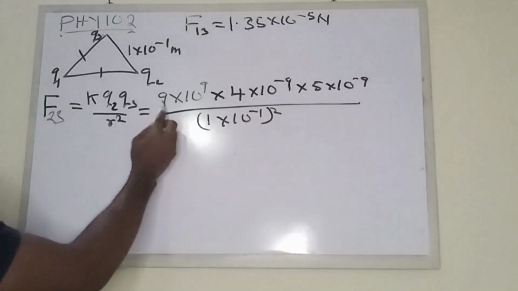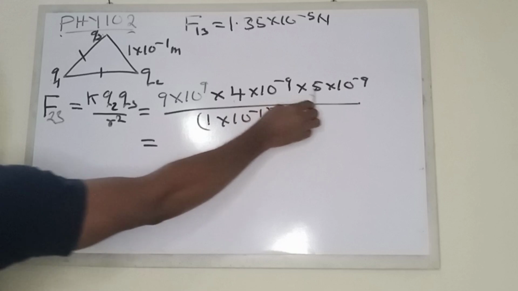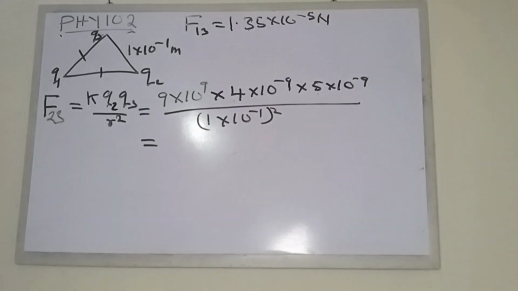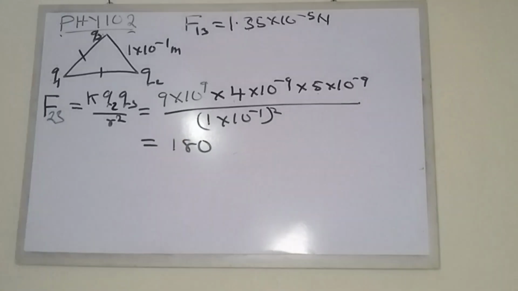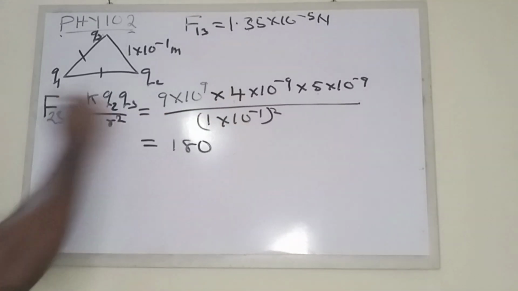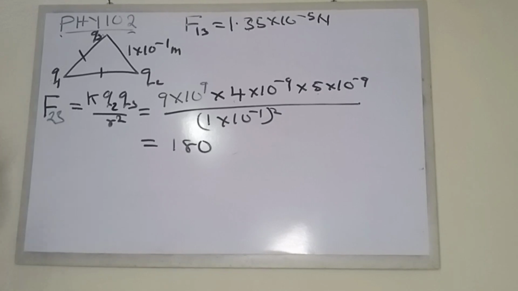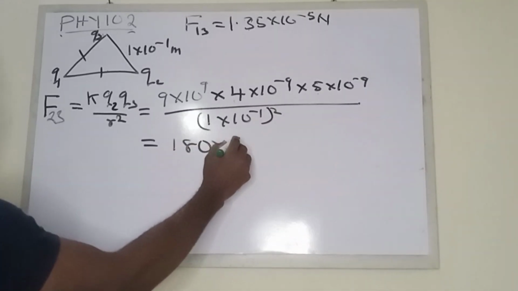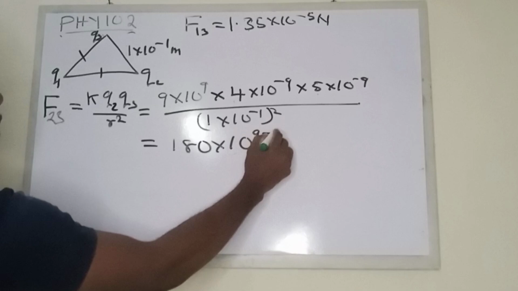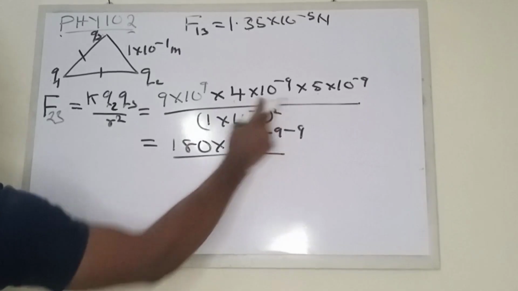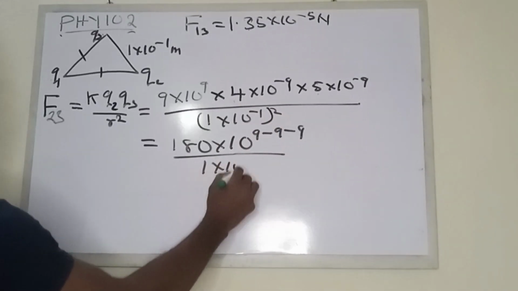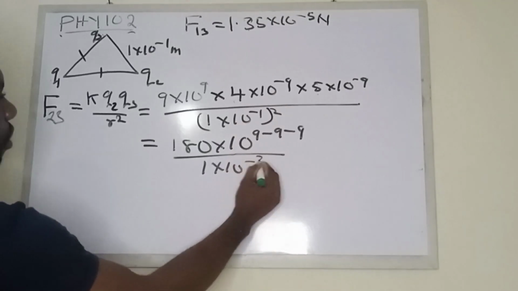So at this point, we have 9 times 4 times 5. This will give us 180. 9 times 4 is 36, times 5 is 180, times 10 raised to the power of 9 minus 9, all over 1 squared, which will give us 1 times 10 raised to the power of minus 1 times 2, which is minus 2.